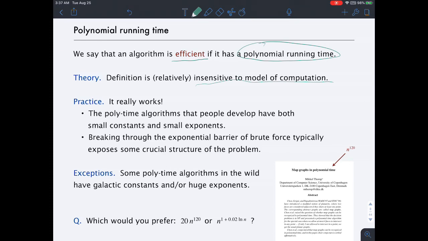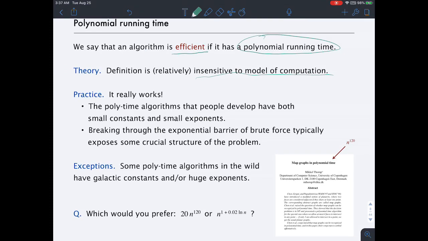Right. So theory-wise, as I mentioned, there are quite a number of subtle reasons we want to define the polynomial time algorithm to be the efficient algorithm, and in practice, we also notice that this sort of definition really works. What do we mean by really works? This is really just an empirical observation. First, we notice that when we manage to come up with a polynomial time algorithm, it's more likely that we come up with an algorithm that has a very small constant.